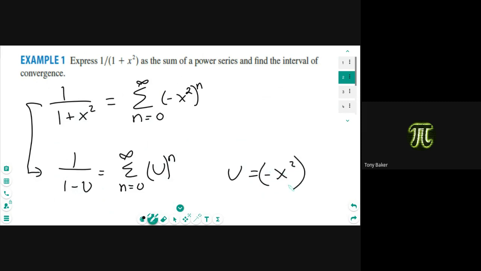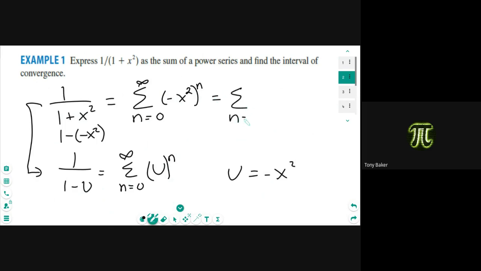This is one thing, because if it was negative x squared without parentheses, that's the same as x squared, because the negative would disappear. So we want the negative as part of it. In essence, this ends up becoming this, because I want that negative sign. So this now is my new summation.